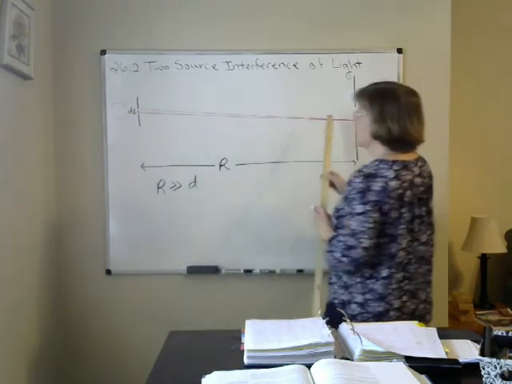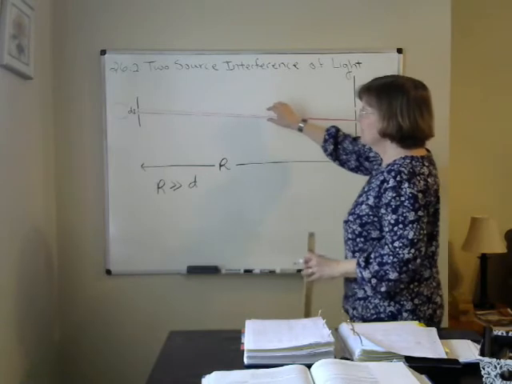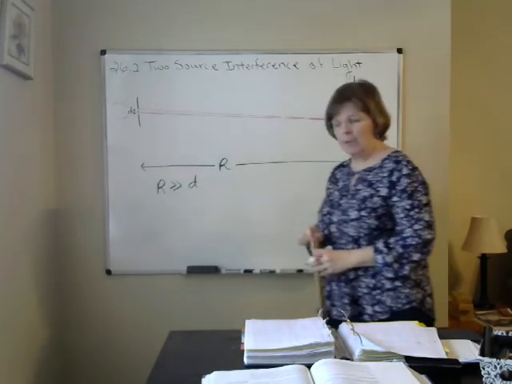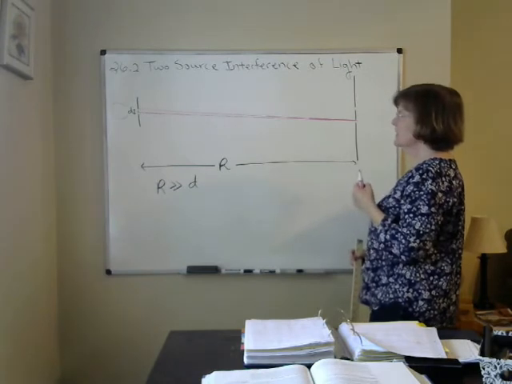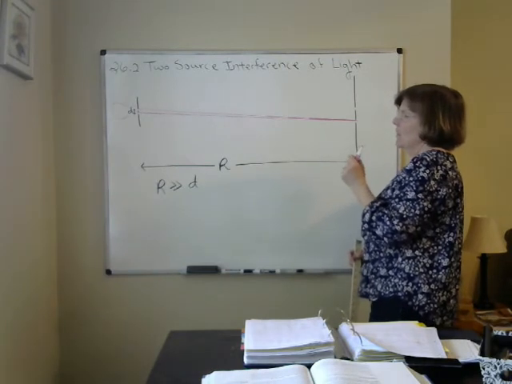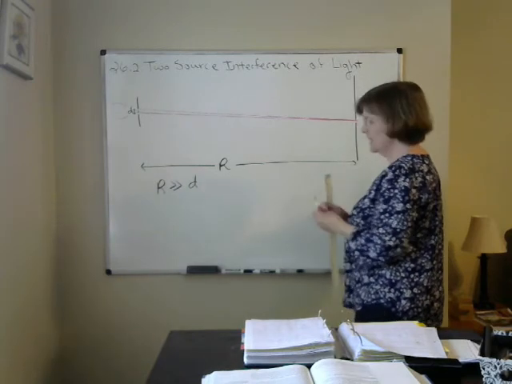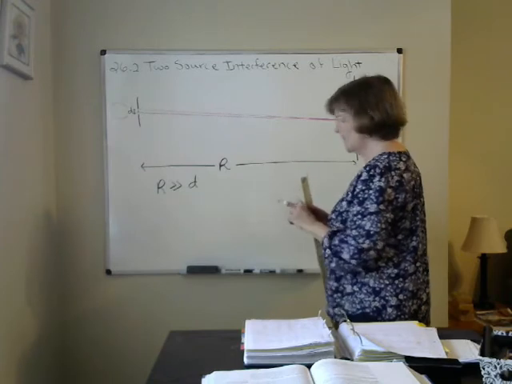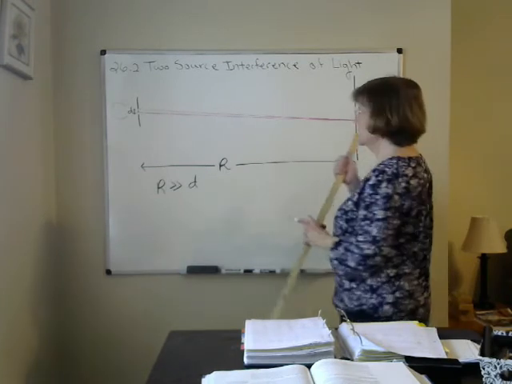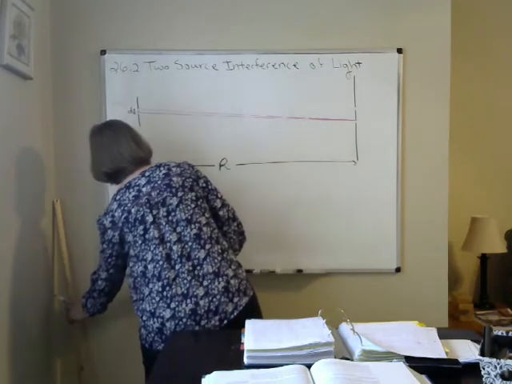In fact, this screen is so far away, it's almost as if those are parallel rays of light. Okay? If that makes any sense? All right. I want to kind of blow up a little part of that picture. What we find is, if we think of there being an angle this makes, let's see if I can draw it the way it is in my notes.